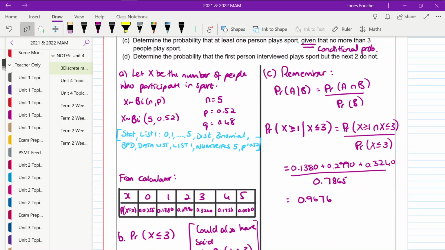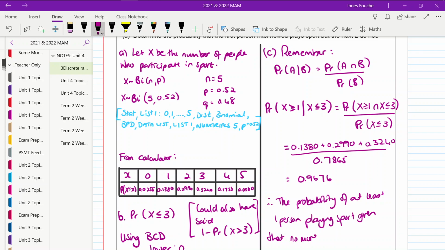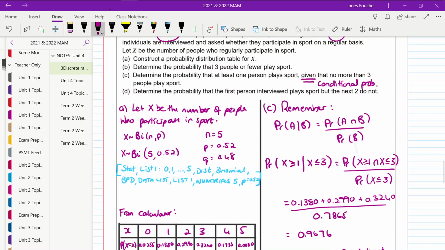Okay, so therefore the probability of at least one person playing sport, given that no more than 3 play sport is 0.9676.